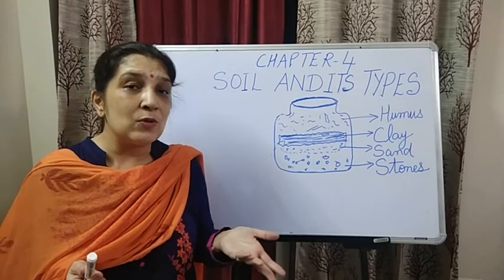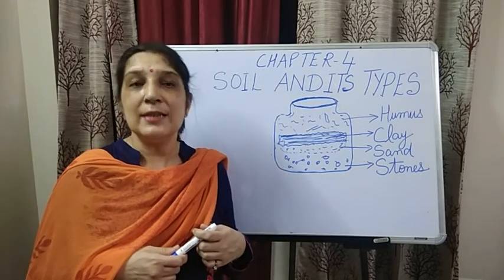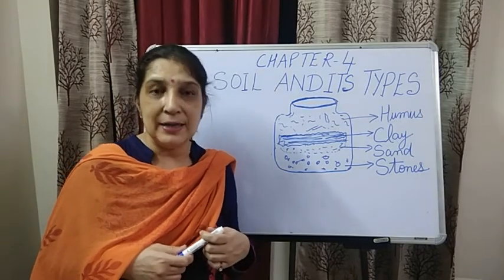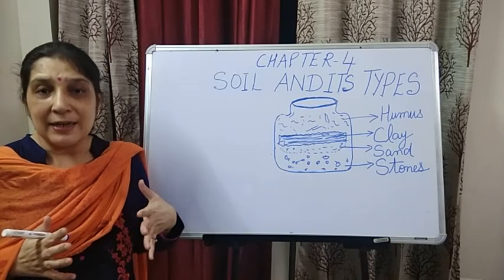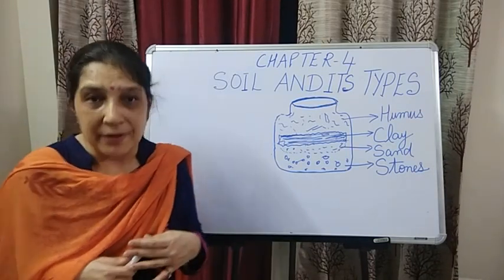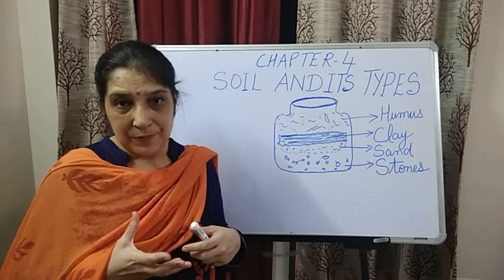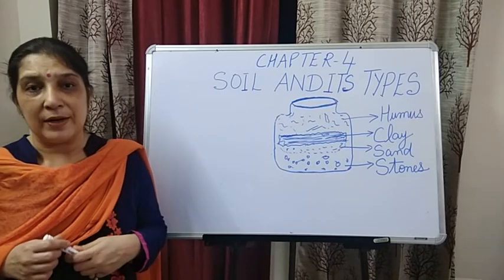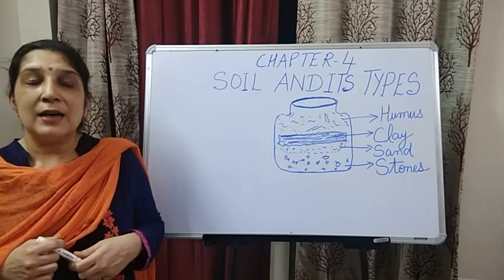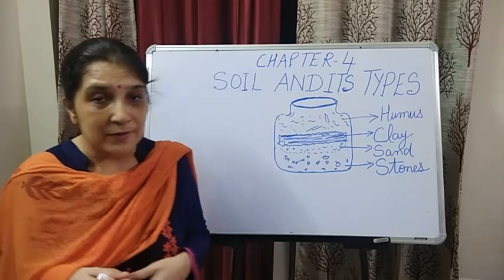What is sandy soil? The soil which has a lot of sand is called sandy soil. The particles of this soil are big and it contains a lot of air. But if we pour water in that, it leaks out. Space is more in that and air is more in sandy soil. And sandy soil is used for construction of buildings.